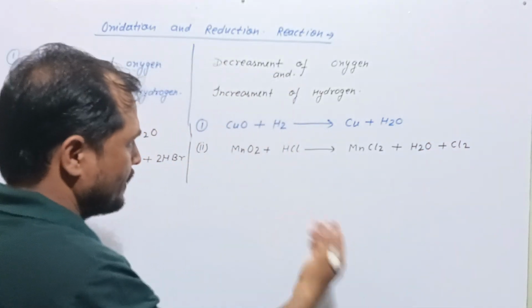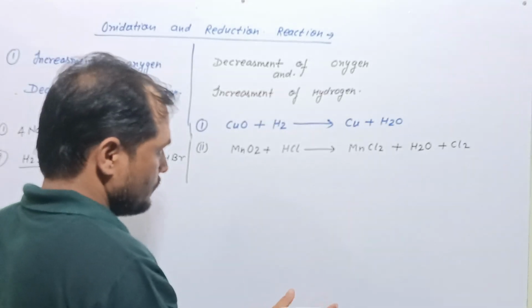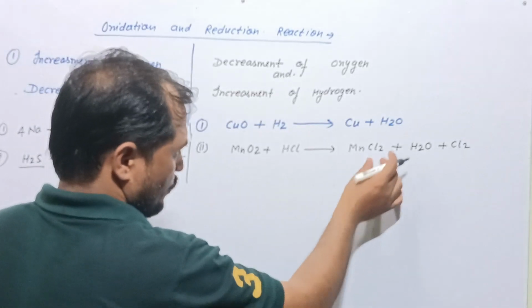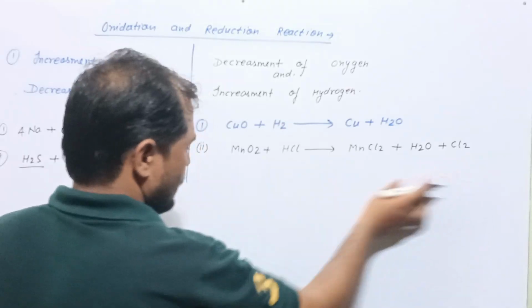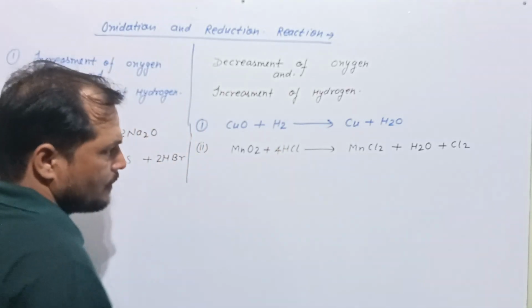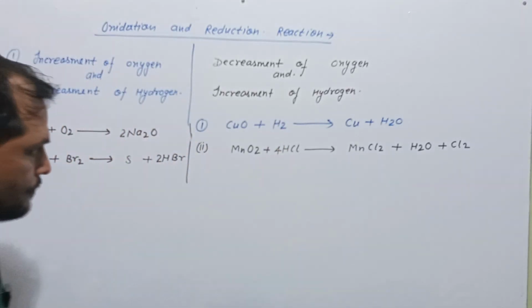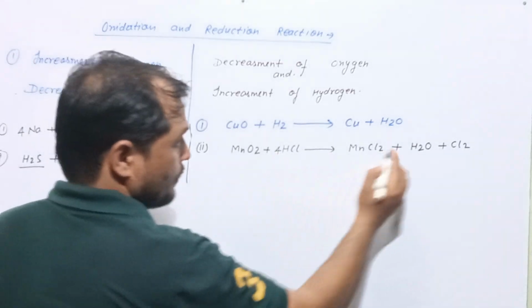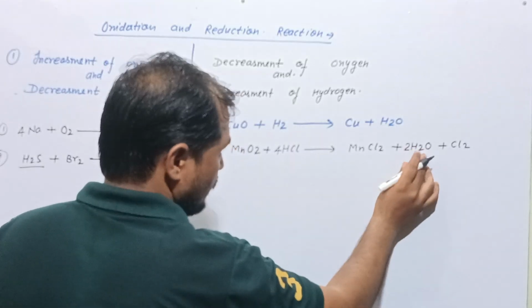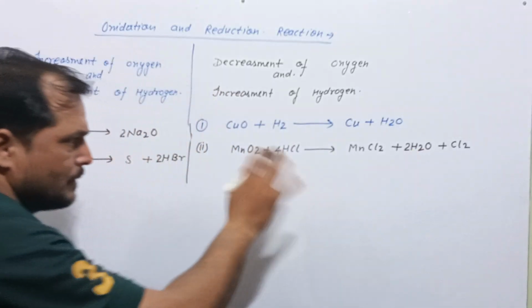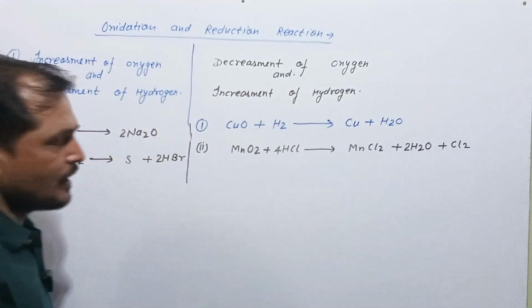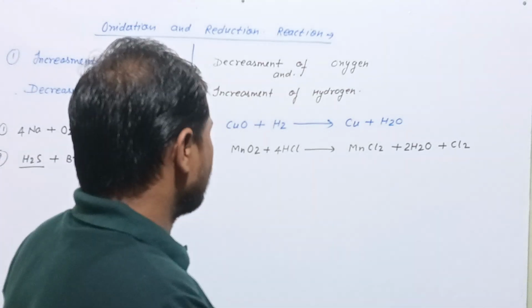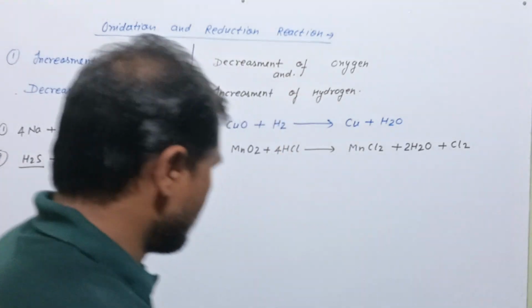Now let us balance it. In the reactant part there is chlorine, so multiply by 4 for four chlorine. Hydrogen is also 4, so multiply by 2 to get 2 oxygen. It has been balanced.